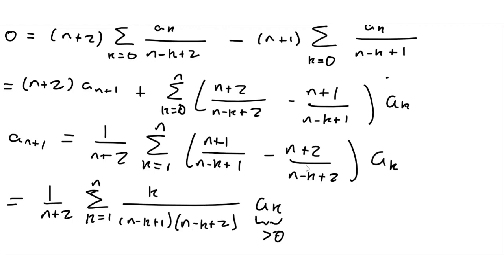So all of this is positive, so if the first n terms are positive, the a(n+1)th term must be positive too, and that completes our proof by induction because we have that anchor step that a1 is positive. So that's a nice proof by induction.